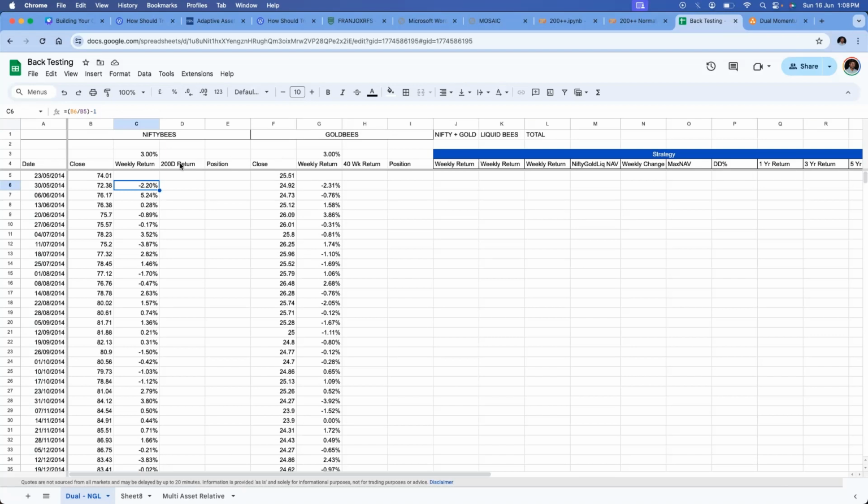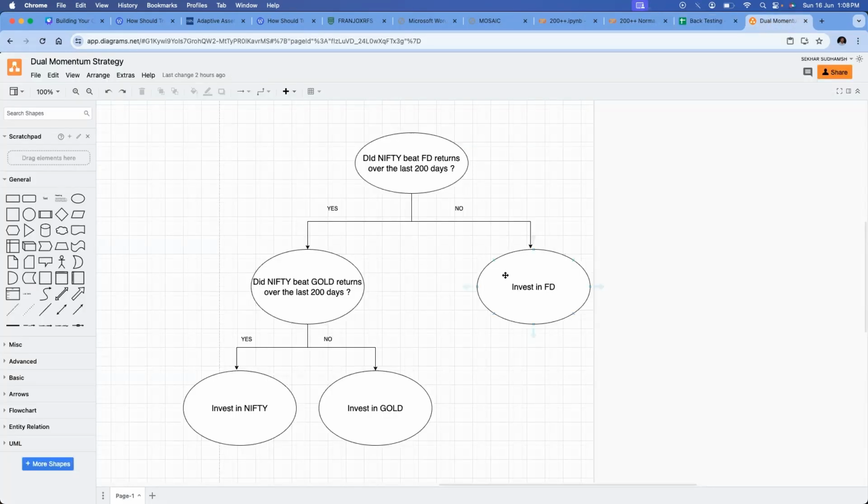The other thing that you need is to define what is the benchmark for absolute momentum returns. Now, in this case, you might have seen that I told that if Nifty beats the FD returns in the last 200 days, then we go ahead and check with gold, right? Now, to do this comparison of Nifty and FD returns, we need a benchmark.